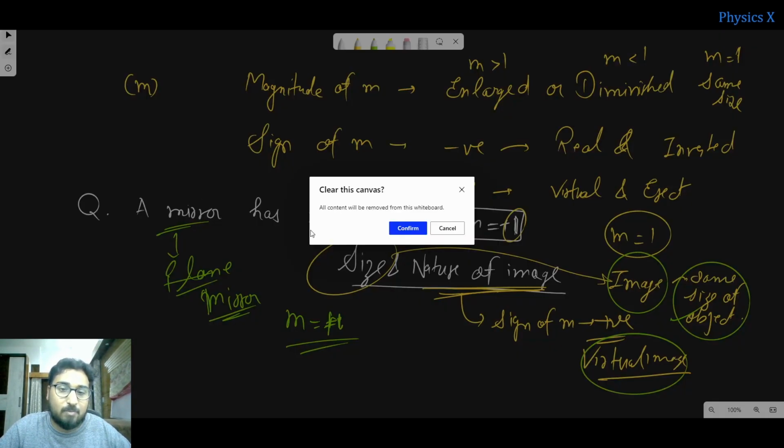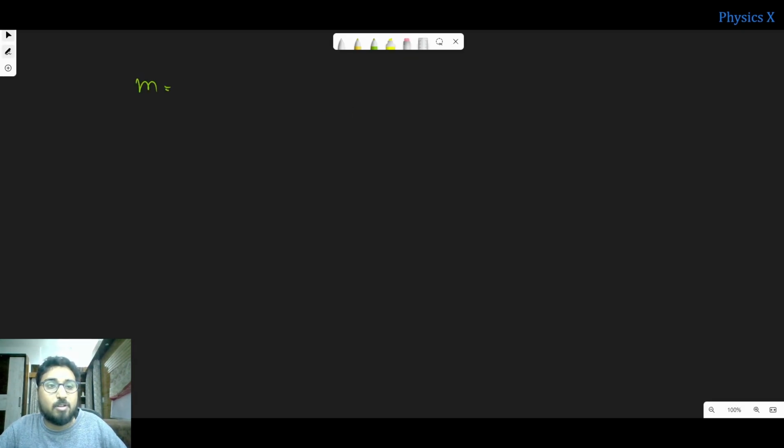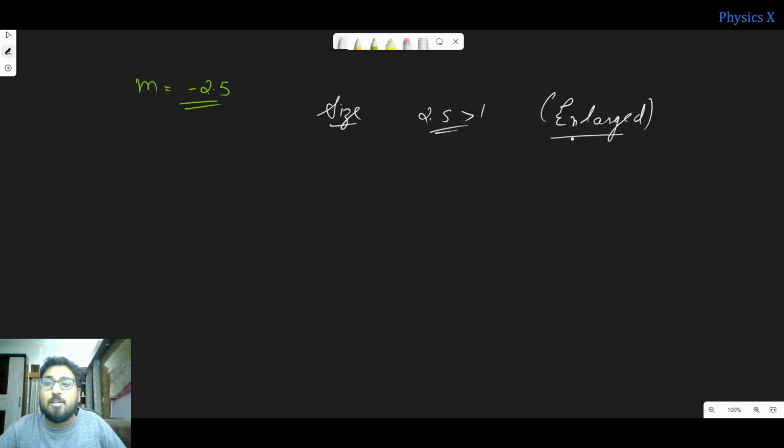Now let us take another example. Suppose M is equal to minus 2.5 is given. Now comment on the nature and size. First of all, the magnitude 2.5 is greater than 1, so this is an enlarged case. Enlarged means the size of the image is greater than the size of the object. Now let us see the nature.